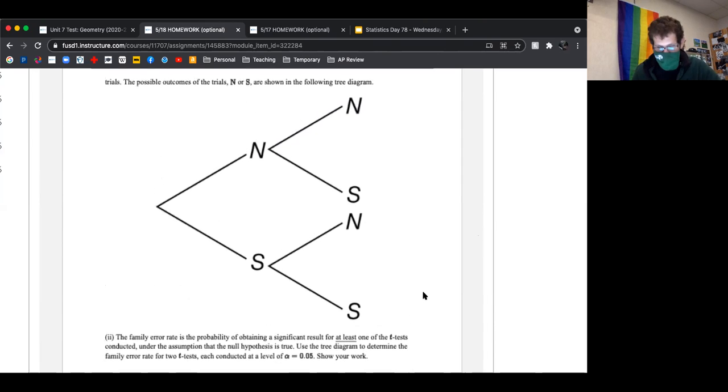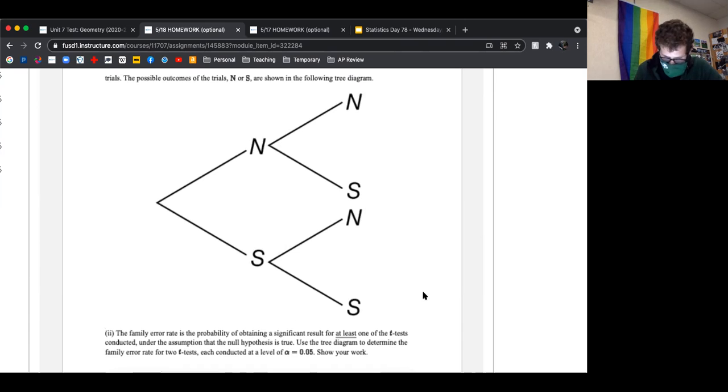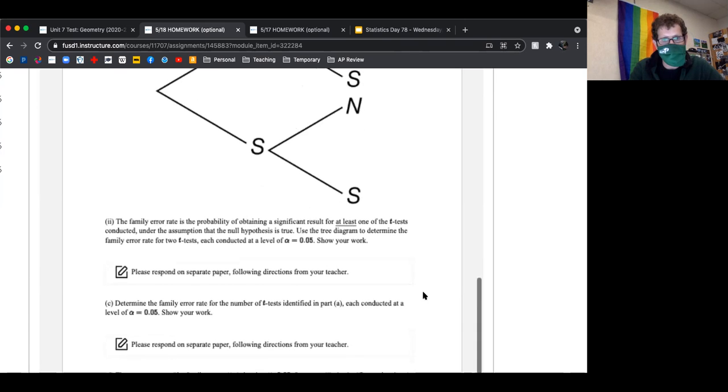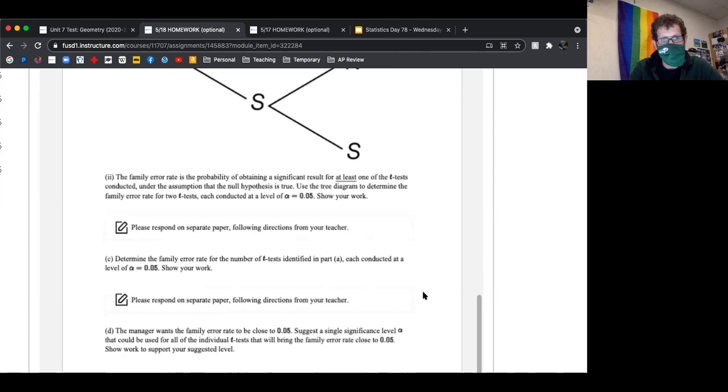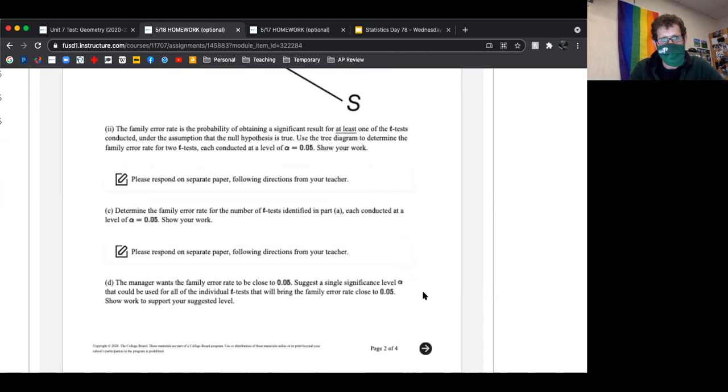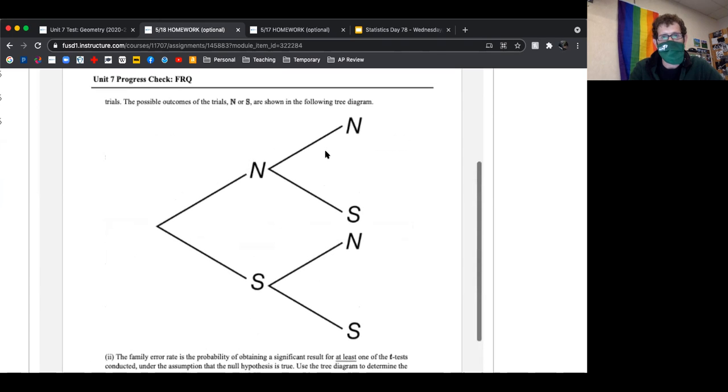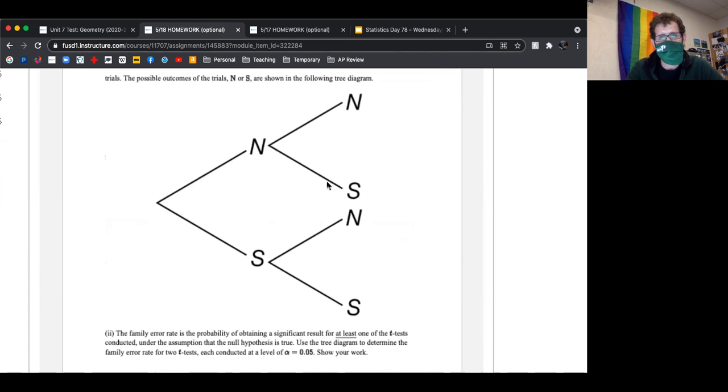All right. So here is just one approach that we can take to this. The family error rate, let me see if there's more we need to talk about. So it says use the tree diagram to determine the family error rate for 2 t-tests. Oh, for 2 t-tests, the family error rate is going to be if it's 0.95 that there's no statistically significant result and 0.05 that there is, and then that's true for all of these.